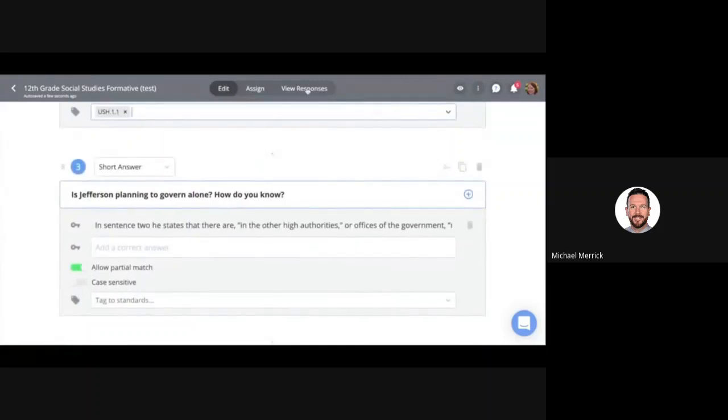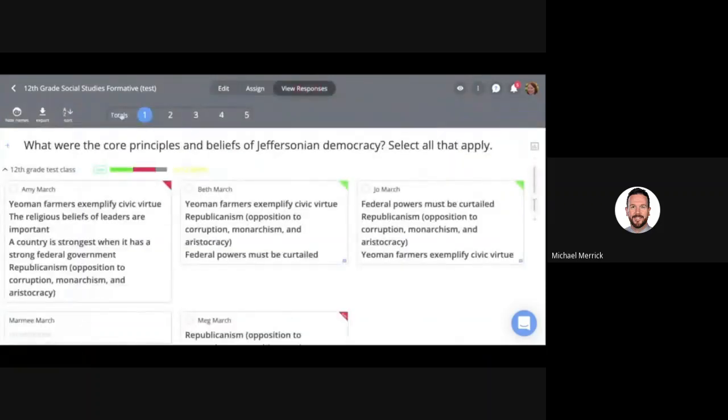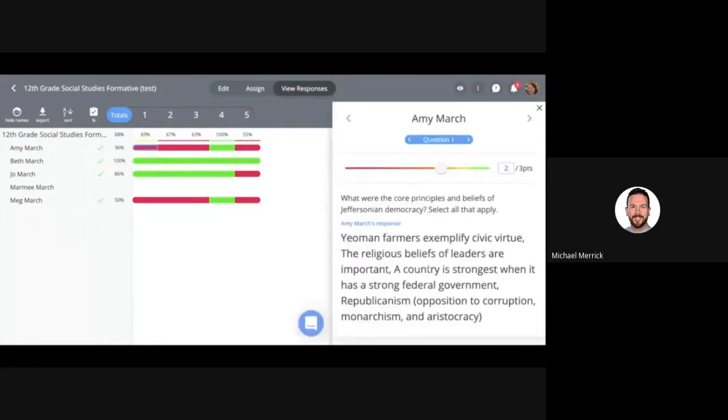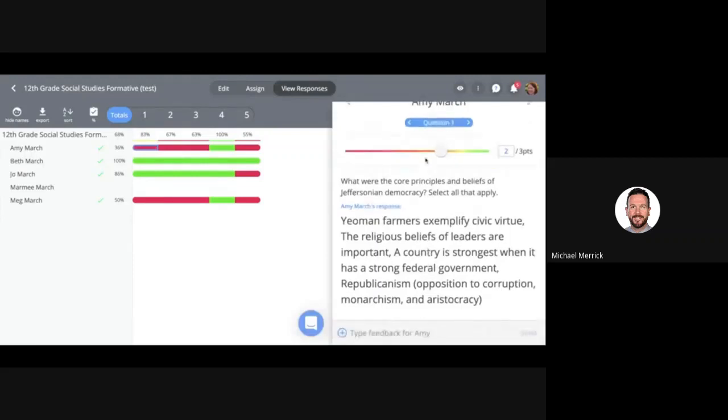Once your students start to respond, their responses will appear in your View Responses screen. This updates in real time, so as soon as your students start to answer, you will see answers appearing here. They'll also be color-coded if the questions have been set up for auto-grading. You can click on any question to read, and you can grade right from the screen.